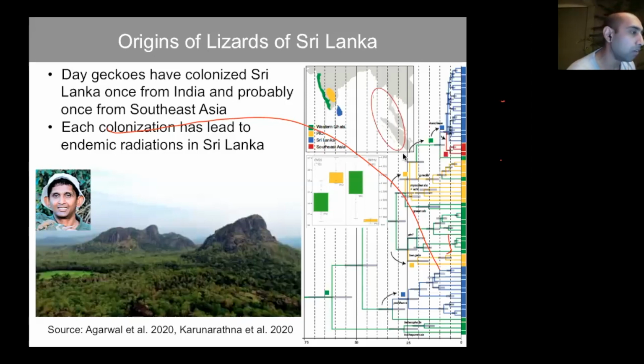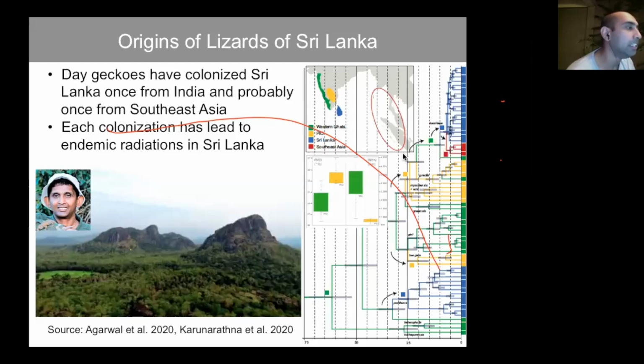The pattern that we see is that most of the diversity is seen in the dry zone isolated mountains, like you see here in this picture, mountains with a lot of granitic boulders, which seem to be serving as refugia for these species.